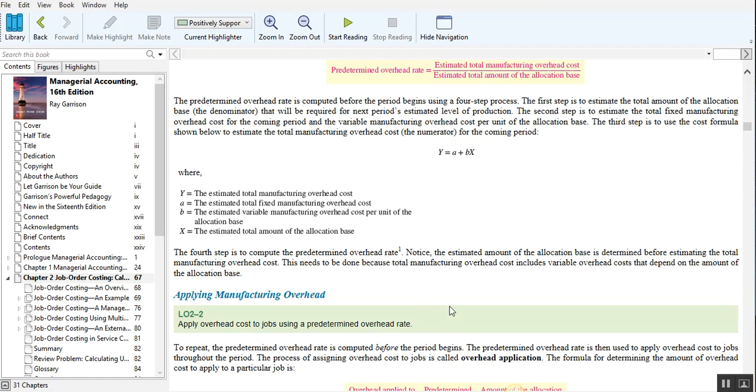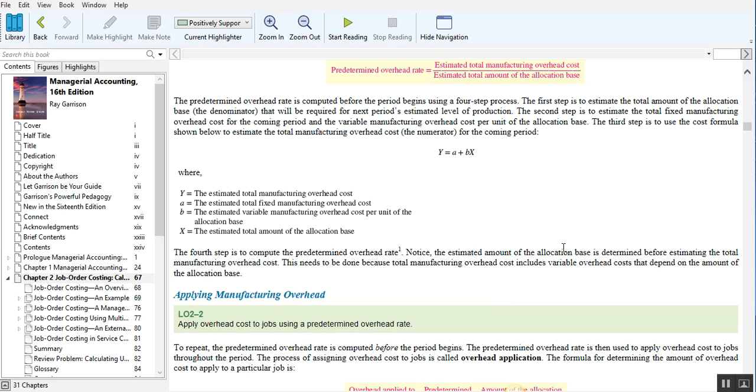And then as we go on down here, we have the estimated total amount of the allocation base. So, if we're using direct labor hours, we expect we're going to use 10,000 direct labor hours to manufacture this job. And so that's how they calculate the total.